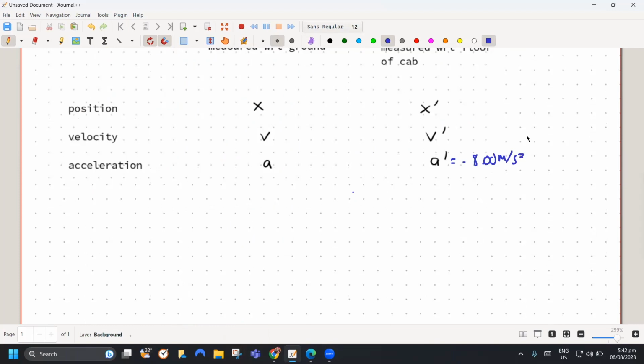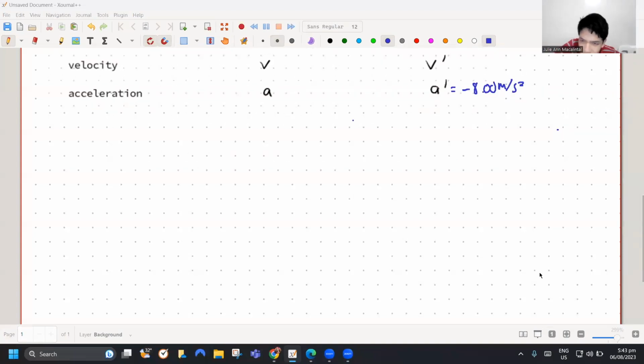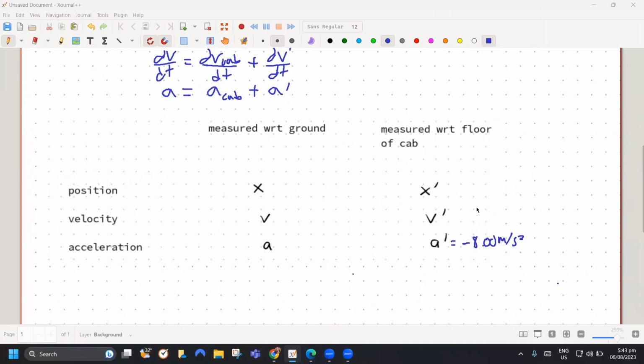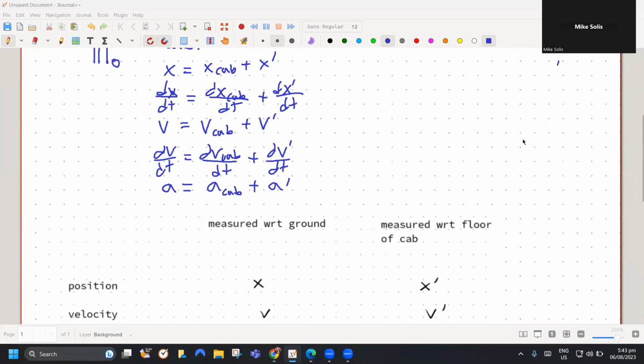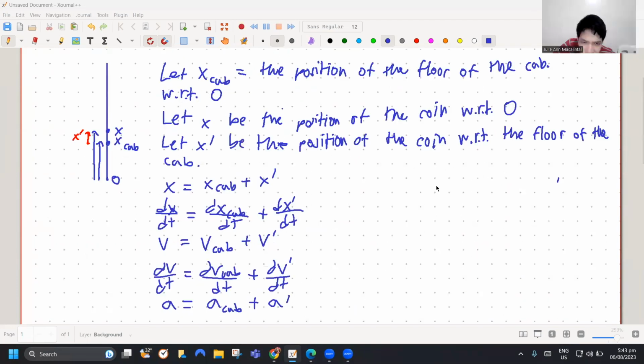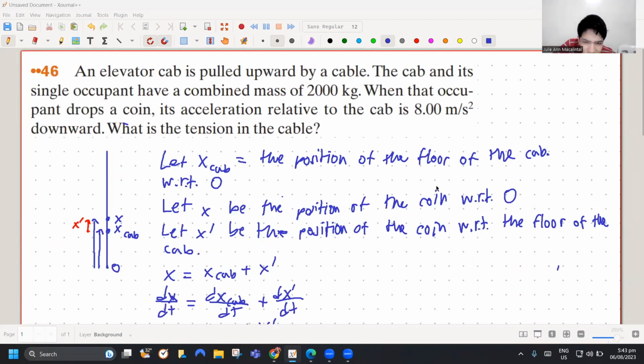Okay. What else? Ano pa yung alam natin? Aside from A prime, what else do we know from the given? Basahin mo yung problem statement.